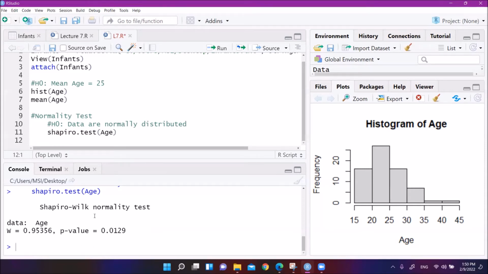What is the decision rule? Decision rule is: reject H naught if p-value is less than alpha. I'll just write significance level.